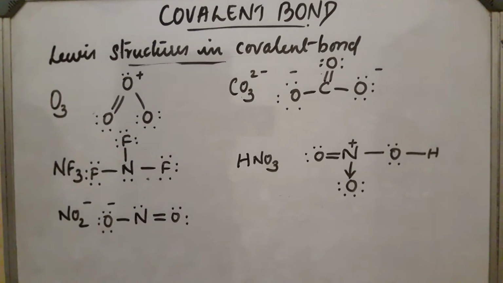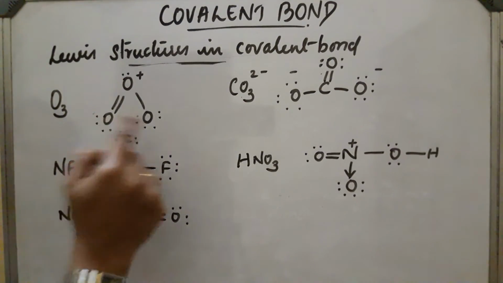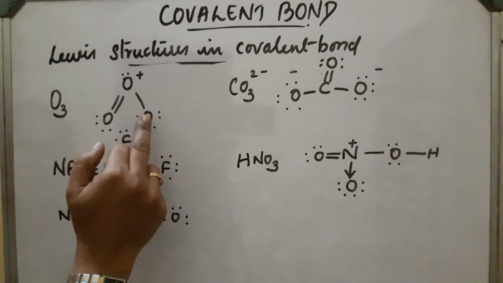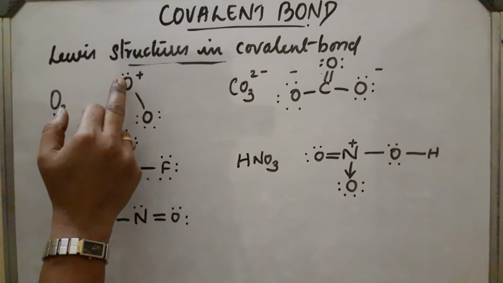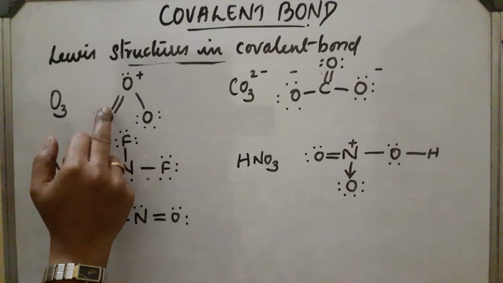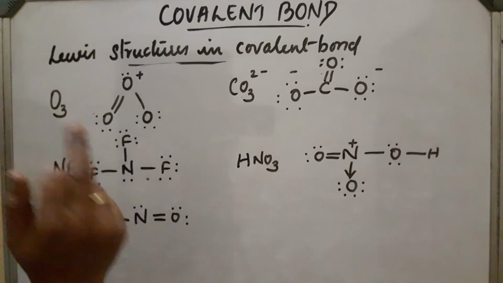Now let us discuss some examples whose Lewis structures are drawn. See, in the case of O3, it contains 3 oxygen atoms. These 2 oxygens are attached by a double bond, then a single bond. Here, this oxygen shares 2 electrons to here and this oxygen shares 2 electrons from here. So, total 4 electrons, so a double bond is obtained.